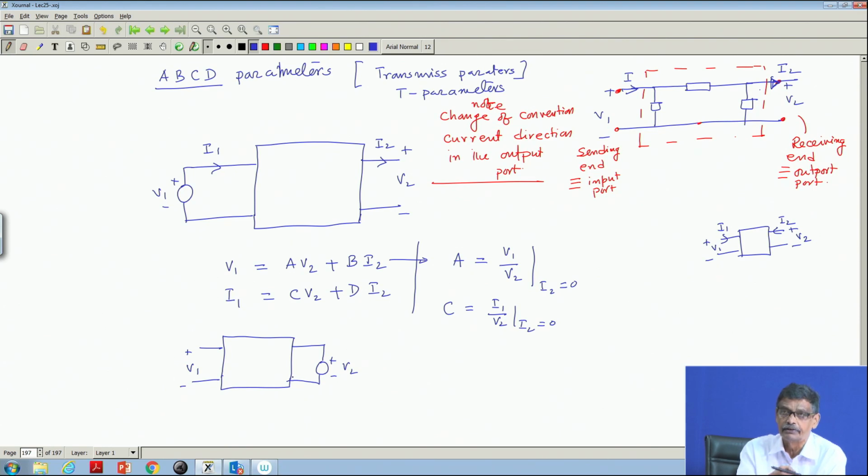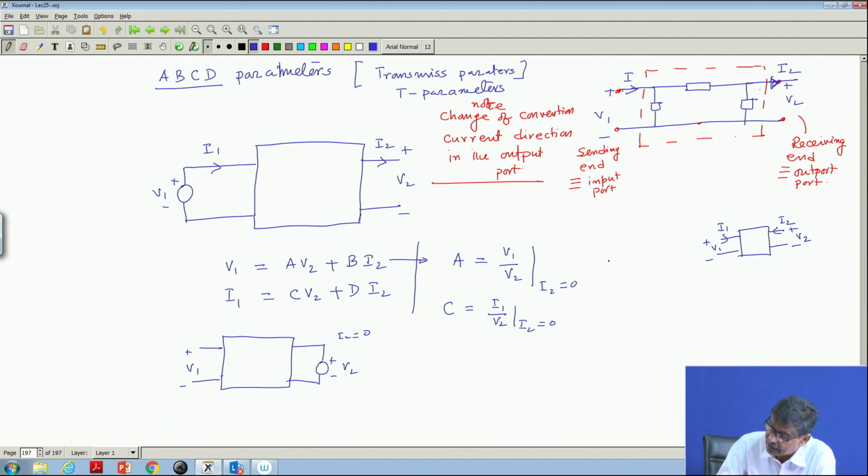That is what we have learned from earlier. But then there is a problem. You apply a voltage and still make I 2 equal to 0, which is very difficult. So, this point needs some understanding on your part, how to apply a voltage and still claim that I 2 equals 0. It is difficult.